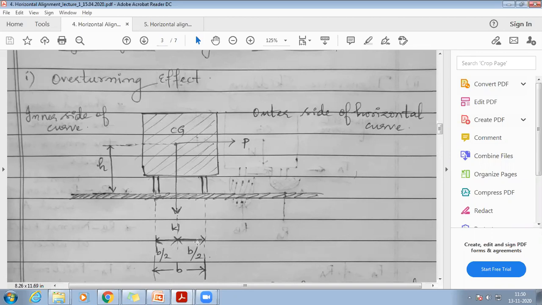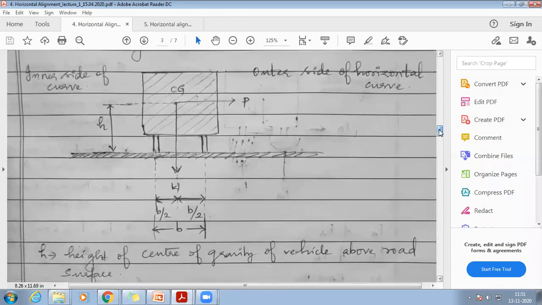So it's nothing but the width of the wheelbase, or width of the wheels. We generally take it as small b. I have divided it into half based on the center of gravity, so b by 2 and b by 2 on either side. Hope you understood this.